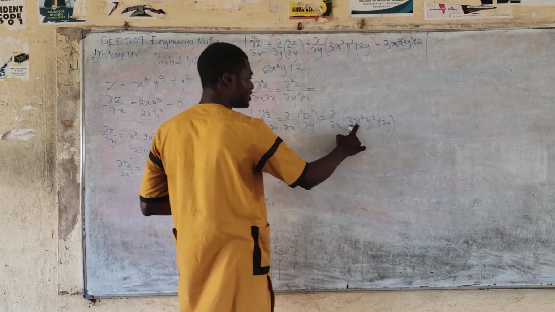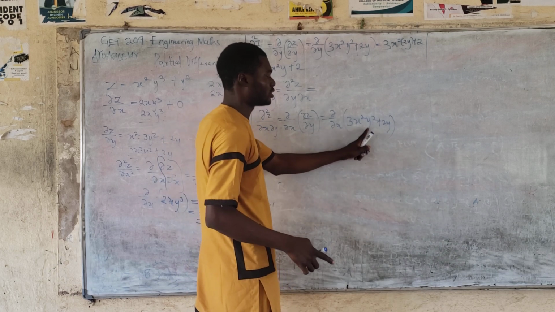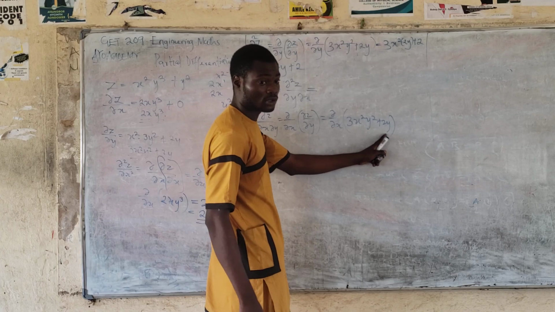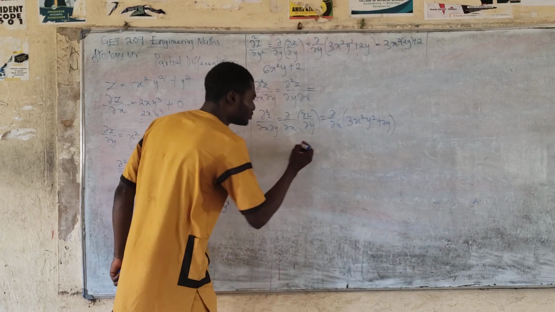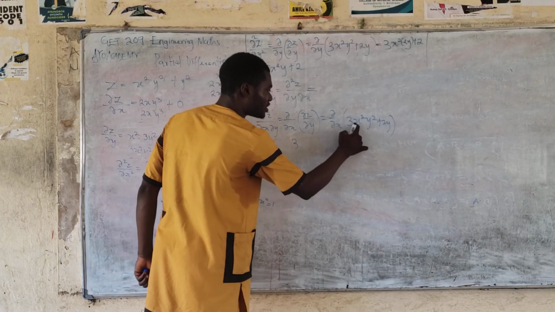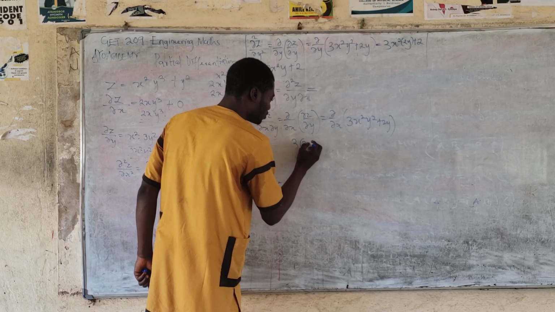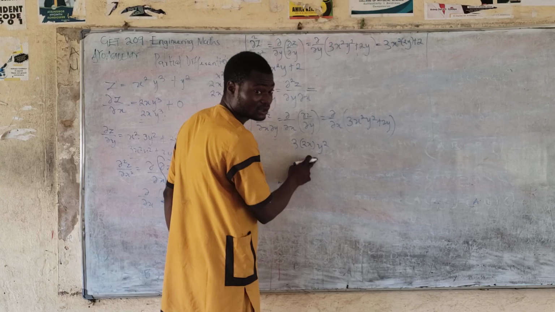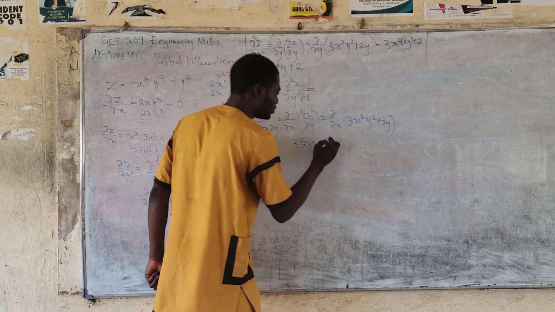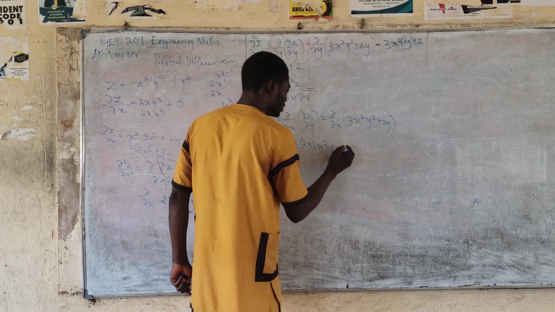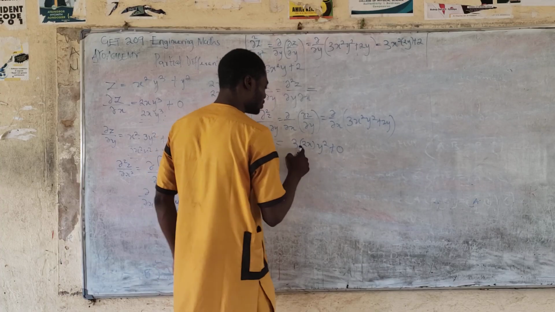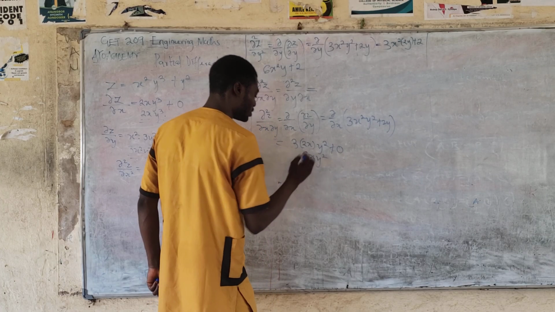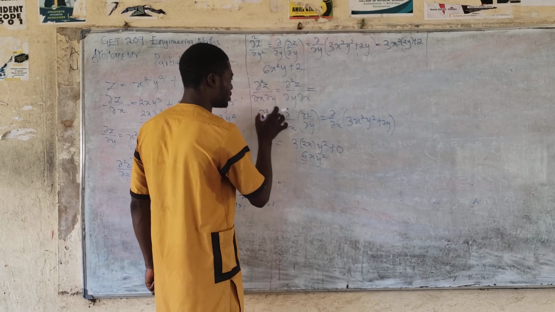So when we are differentiating with respect to x, y becomes a constant factor. So we now have 3, differentiating x squared gives us 2x. This one we write back, because it is a constant factor. So this one becomes 0. So this one times this one, what do we have? 6x y squared.